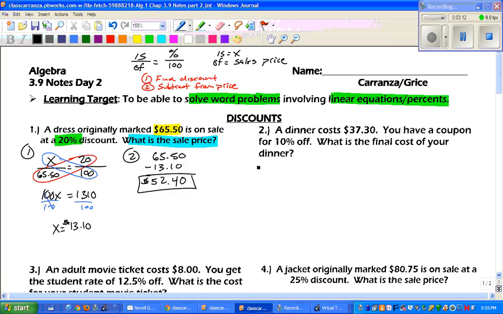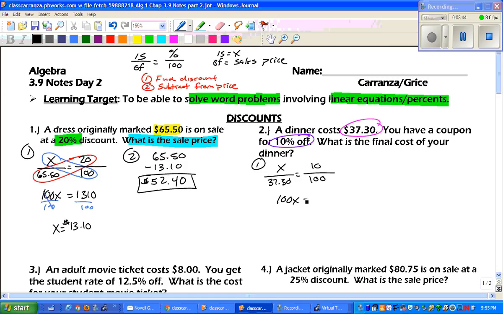Let's try another example. A dinner costs $37.30. You have a coupon for 10% off. What is the final cost? So we know it's 10 over 100 for 10%, and our cost is $37.30. X goes up top.